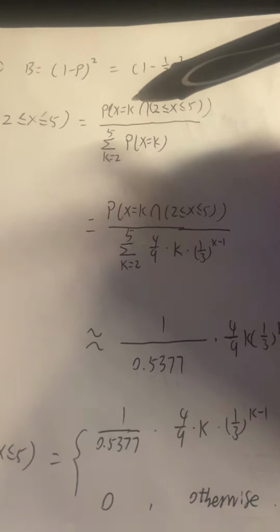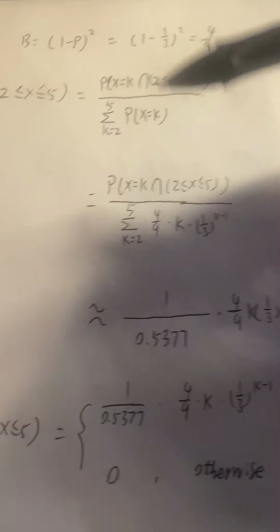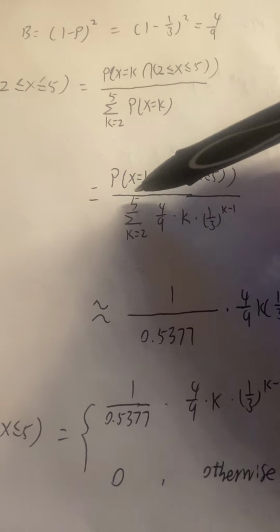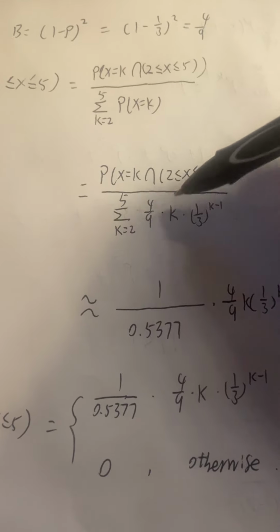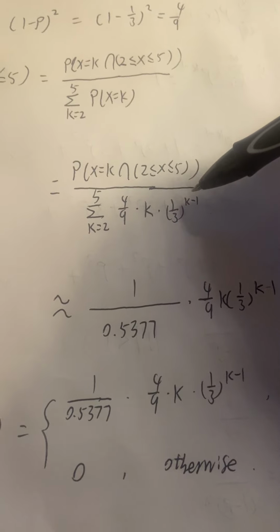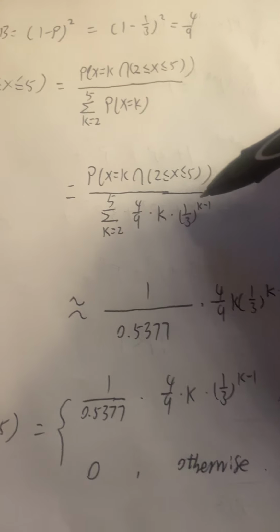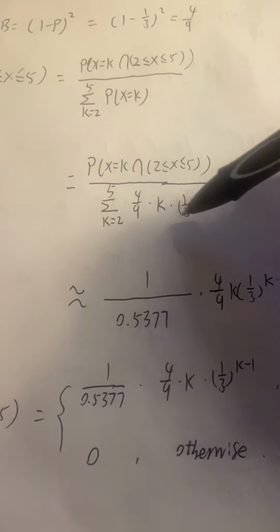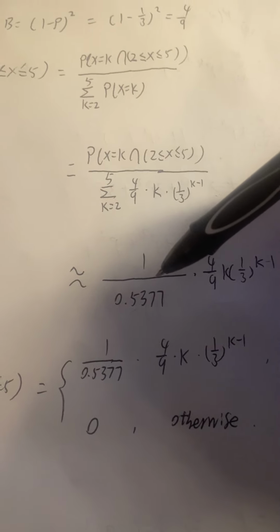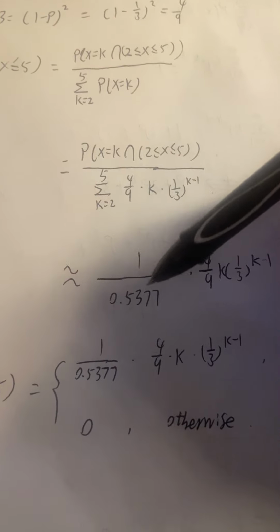And then we can calculate this term. This term is the sum from k equals 2 to 5 of 4 over 9 times k times 1 over 3 to the power of k minus 1. And this term is approximately equal to 0.5377.